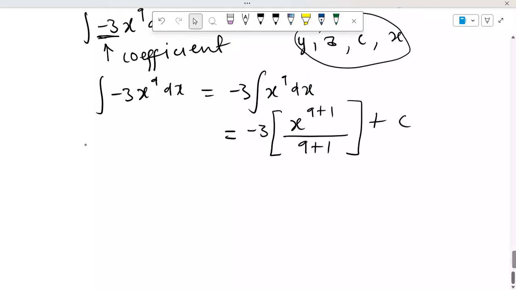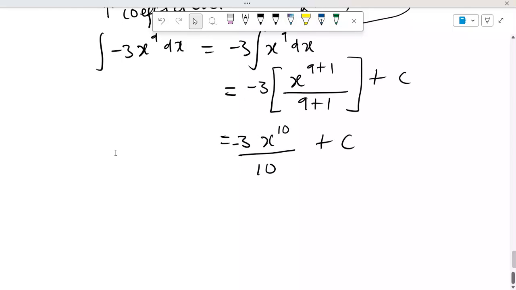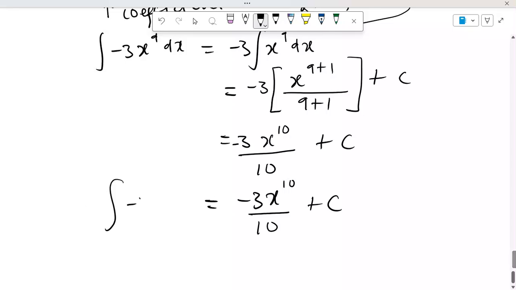Don't forget to add the plus c because this one doesn't have limits. Keeping the negative 3, the answer is negative 3 x to the power 10 over 10 plus c. So the integral of negative 3 x to the power 9 dx is equal to this.